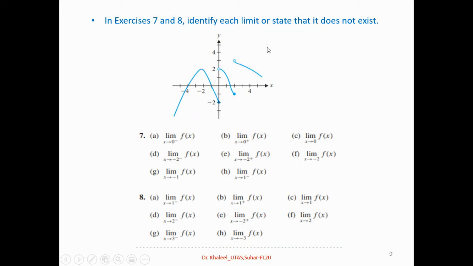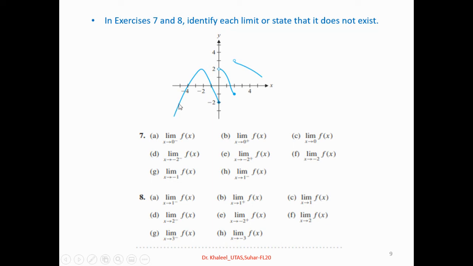The graph is given, so graphically we are finding the limit of f(x). The graph is given here, and we are asked to find whether the limit exists or not. Let's see 7a. Limit of f(x) as x tends to 0 minus. That means you are coming from the left-hand side.